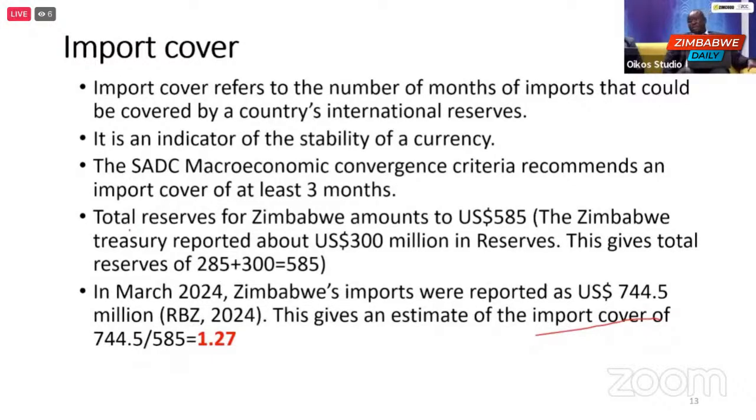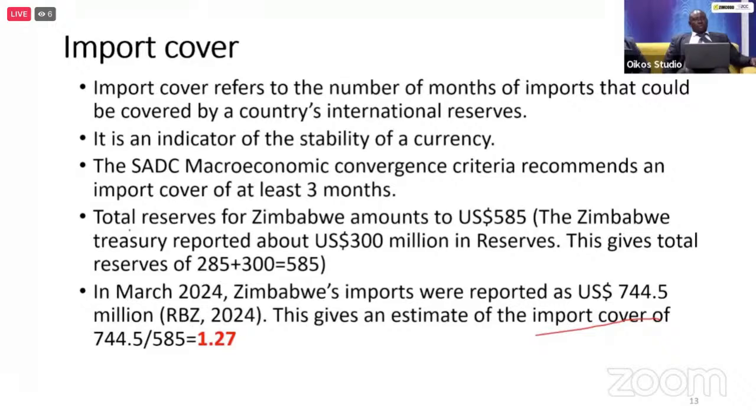Then an important element of currency is what we call import cover. What we mean by import cover? Import cover refers to the number of months of imports that could be covered by a country's international reserves. Okay?